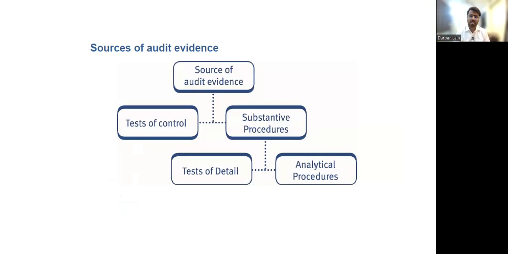Test of control is nothing but test of internal controls, which we are going to see in a separate chapter altogether in the systems and control chapter. And substantive procedures are synonymously also called audit procedures.